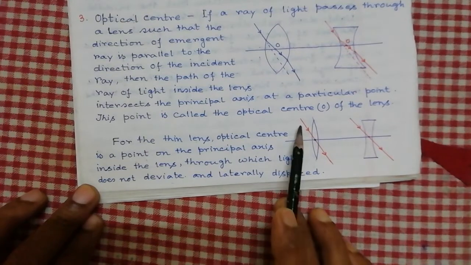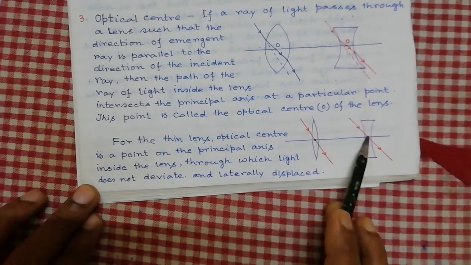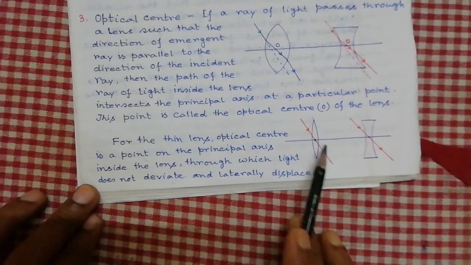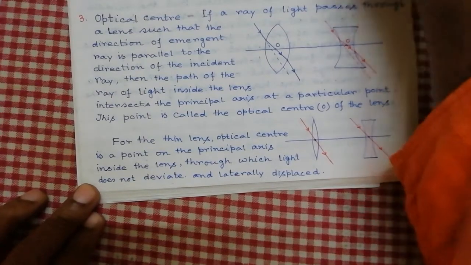That means when a light ray falls on the optical center, it goes straight. This is the definition of the optical center for a thin lens.